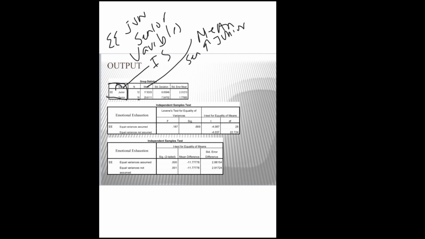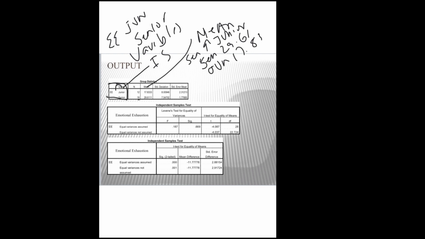We're talking about something like emotional exhaustion, which means that the players were either going to be emotionally exhausted or not. In this case, we can say that 29.61 for the seniors, and for the juniors, it was 17.83. 29 is higher than 17.